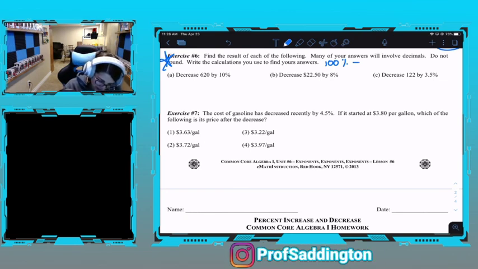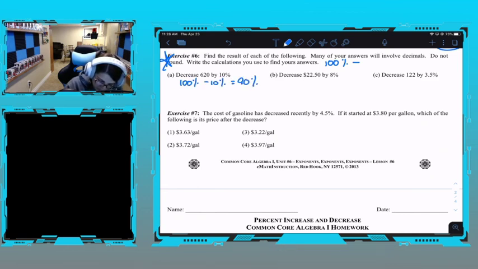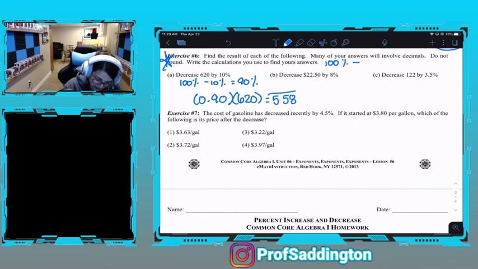So if I do 100% minus 10%, that means I'm left with 90%. So we're going to take 0.90 times that 620, and we get 558.